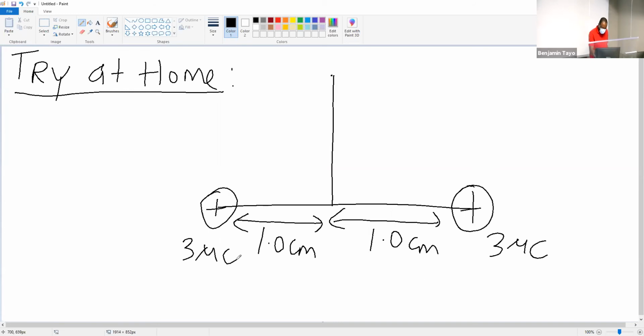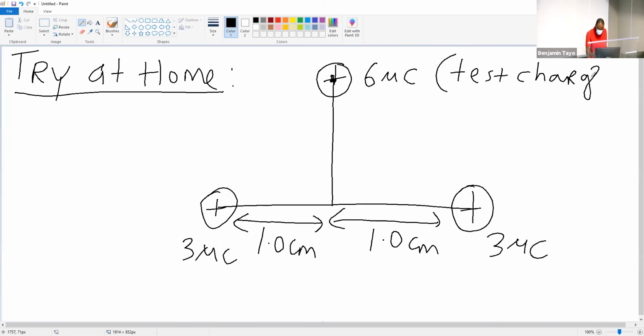And this is my point P. So at this point, I'm going to introduce the positive charge. And this charge is 6 microcoulombs. So this is my test charge. Such that the distance from this point to this point is 5.0 centimeters.